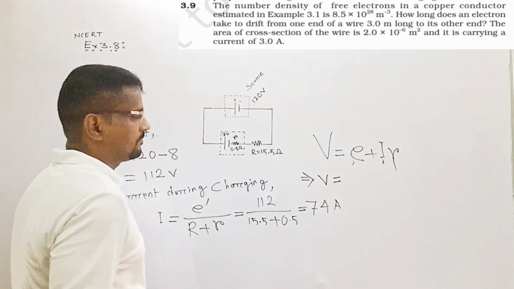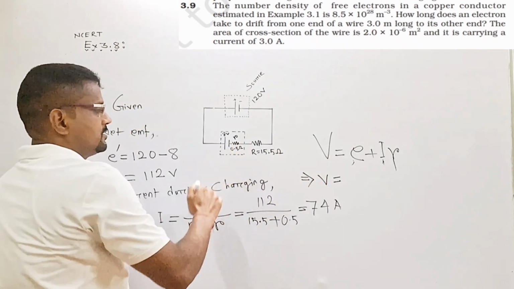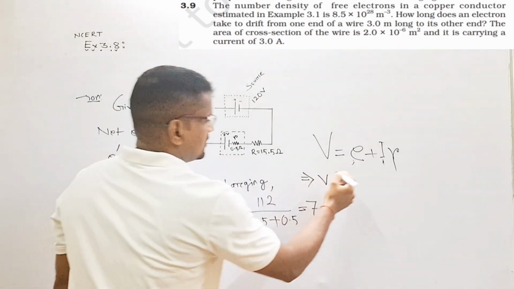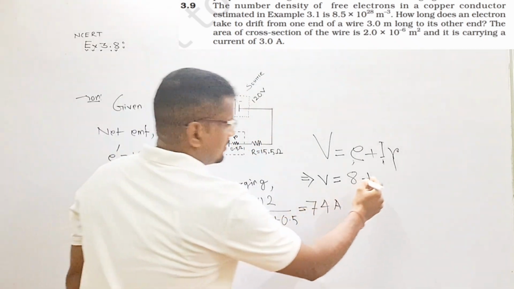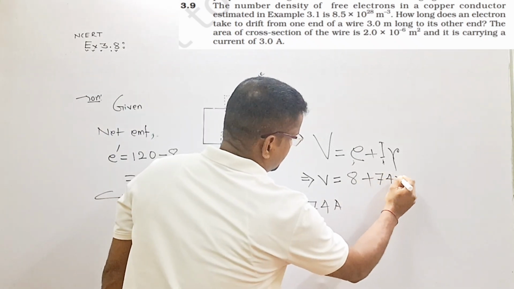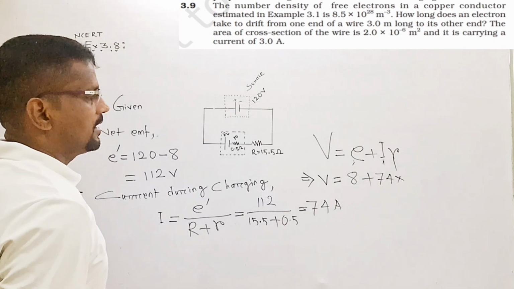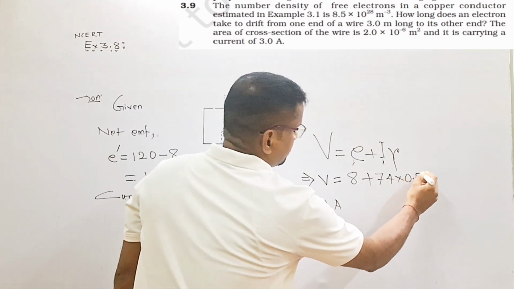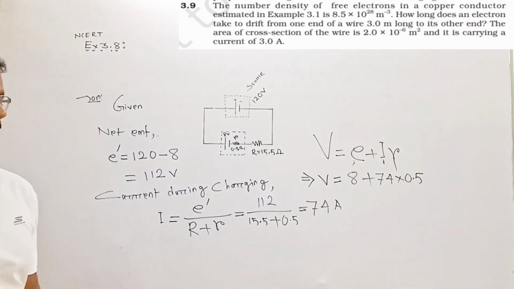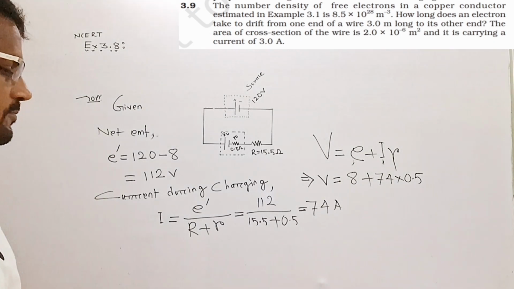So terminal voltage V equals to EMF, which is 8, plus current, which is 7.4, into internal resistance 0.5. I hope all these steps are clear to you.